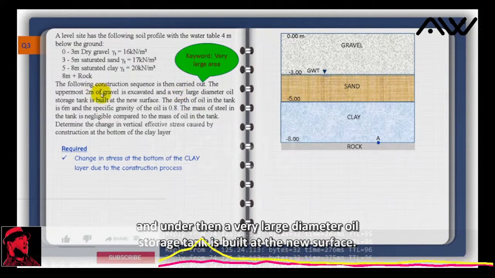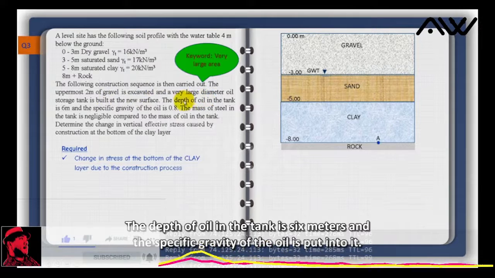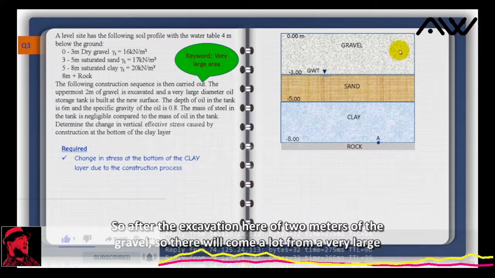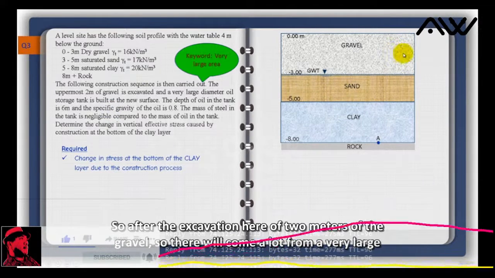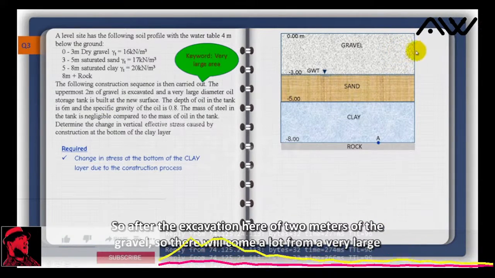And then a very large diameter oil storage tank is built at the new surface. The depth of oil in the tank is 6 meters, and the specific gravity of the oil is 0.8. So after the excavation of 2 meters of the gravel, there will come a load from a very large area.